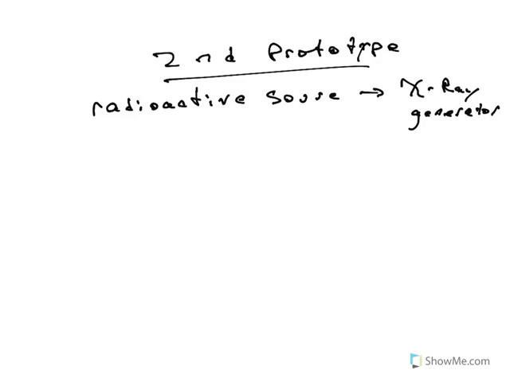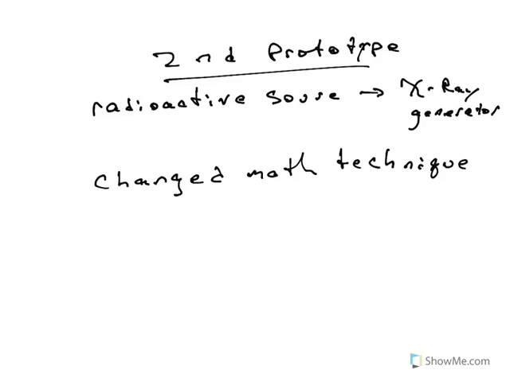Now, of course, they still had the translate and rotate thing, but at least this allowed them to create the image faster. Secondly, they also changed the mathematical technique. They made it way more efficient so that the computer didn't have to work so hard.